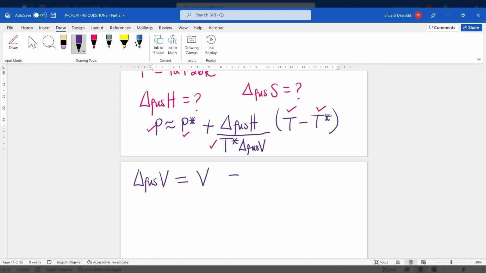So the change in molar volume of fusion is the final molar volume, which is the one for the liquid after melting, minus the initial molar volume of the solid before melting.